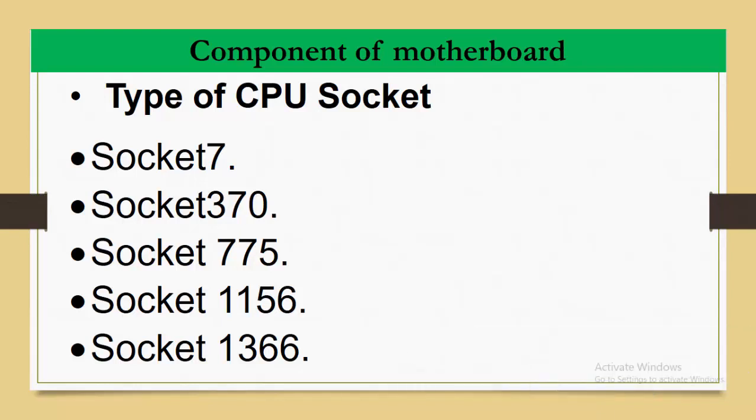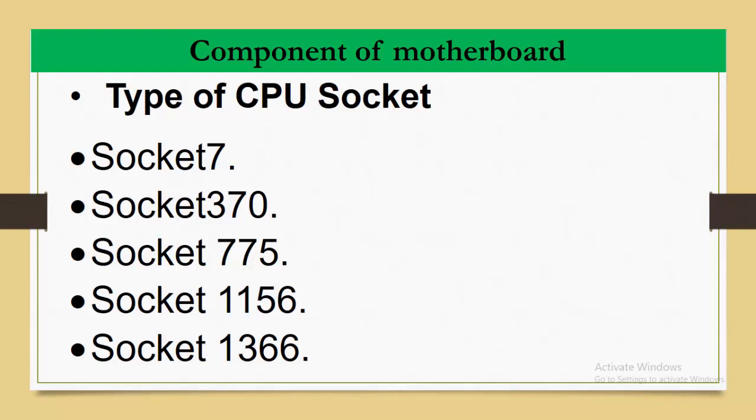It's a 370 pin socket that supports the Celeron processor and the Pentium 3 processor. And the next one is socket 775. It also has 775 pins and supports Intel dual core or Core 2 Duo, P4, and Xeon processors.